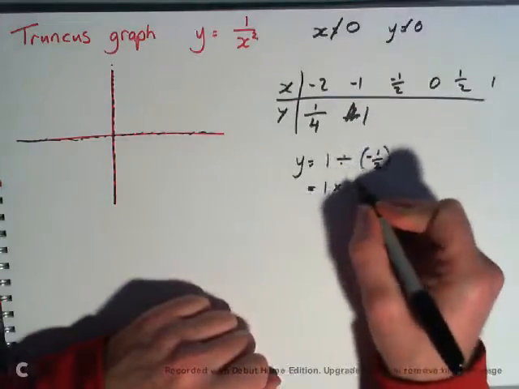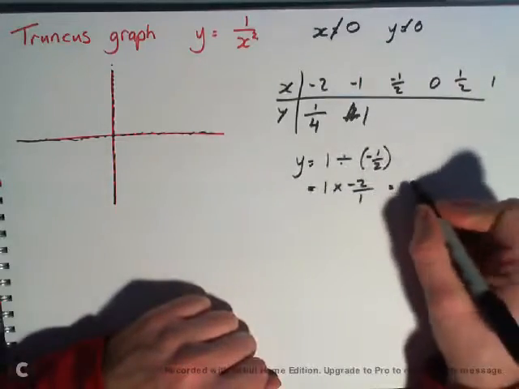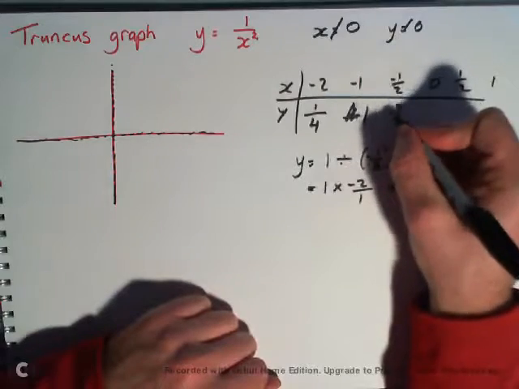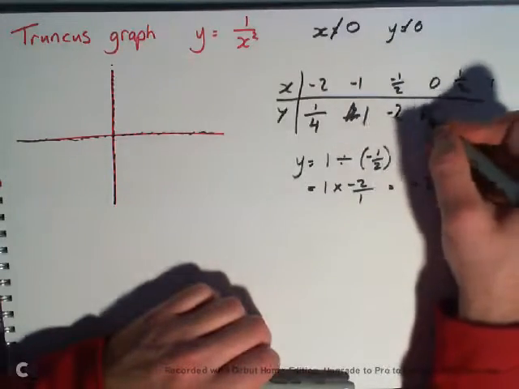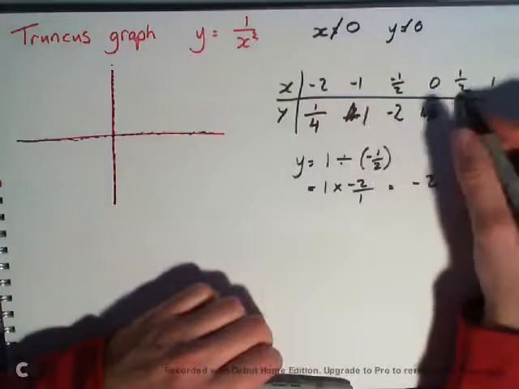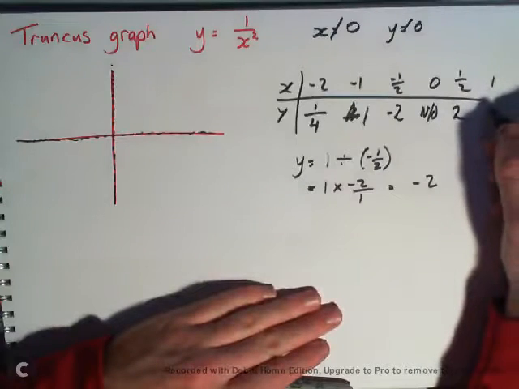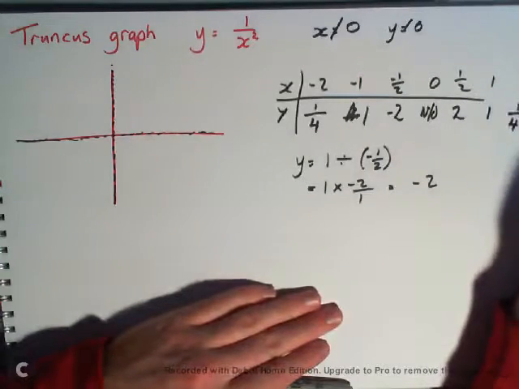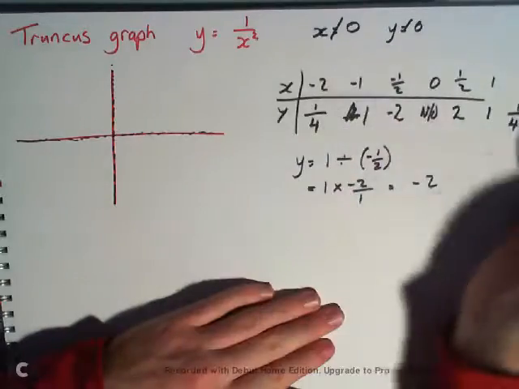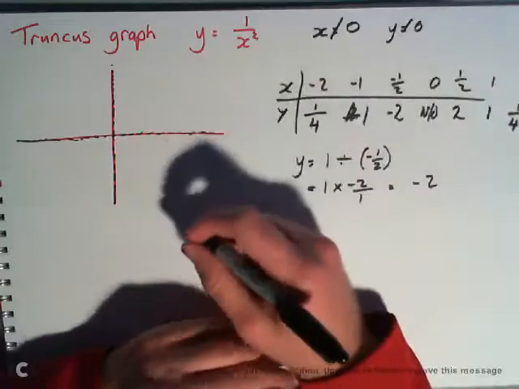We get 1 times 2 over 1, and that's going to be -2. So there we get -2. At 0, not defined. At a half, we're going to get a +2. At 1, it's going to be just 1, and at 2, it's going to be 1 over 4. And if I went either side of 2, we'll get 1 over 9, etc.